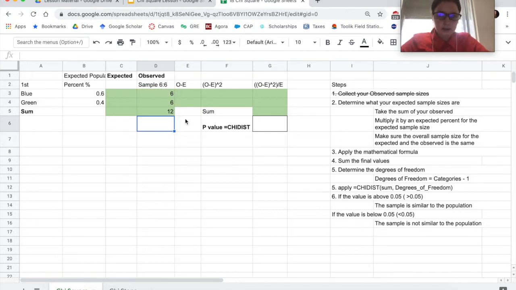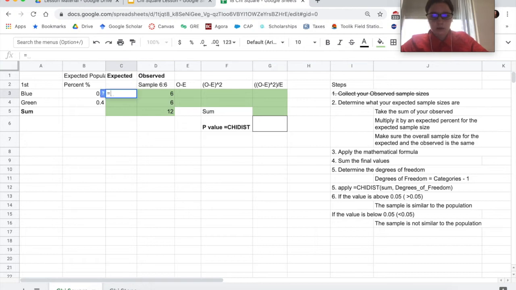Now, the expected column, even though we know the percentage of the expected, we need it to equal the same sum as the observed. So we can't use percentages. Instead, we need to take the percentage, 0.6, and multiply it by the sum of the observed.